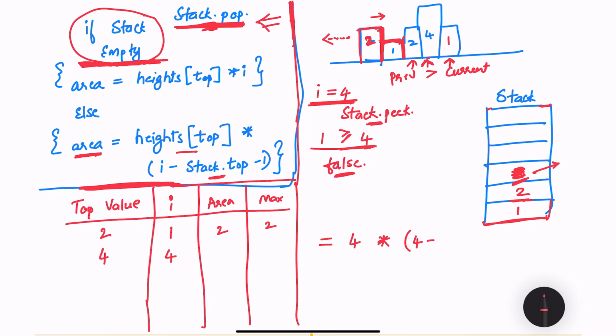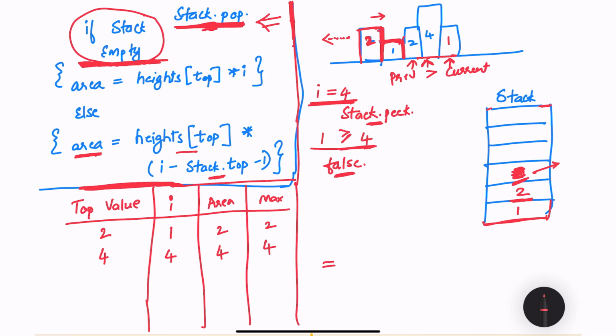So now I have 2 at the top, minus 1. The result is 4. Area is 4. It is greater than the current max, so I will update that. So if you look at the histogram, this 4 is actually the area with the height 4 and width 1. This is what we are calculating.